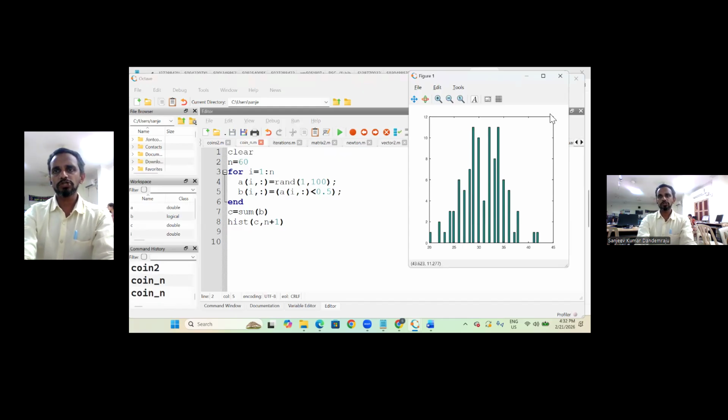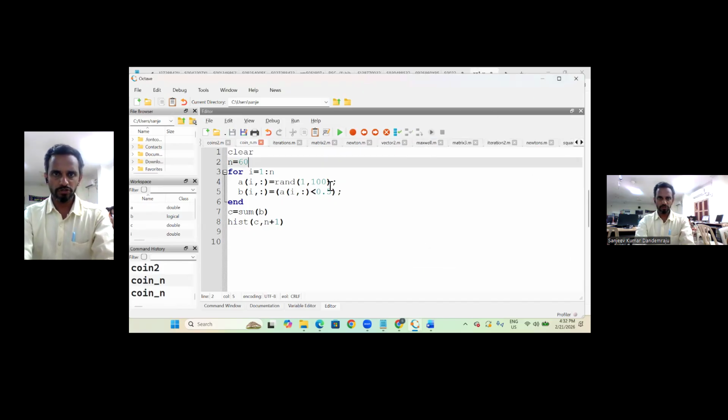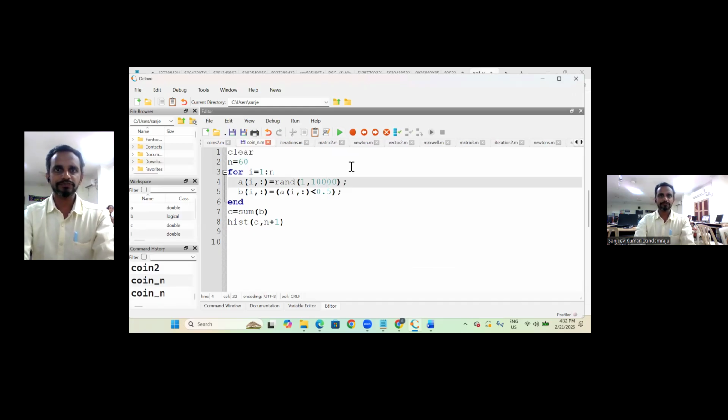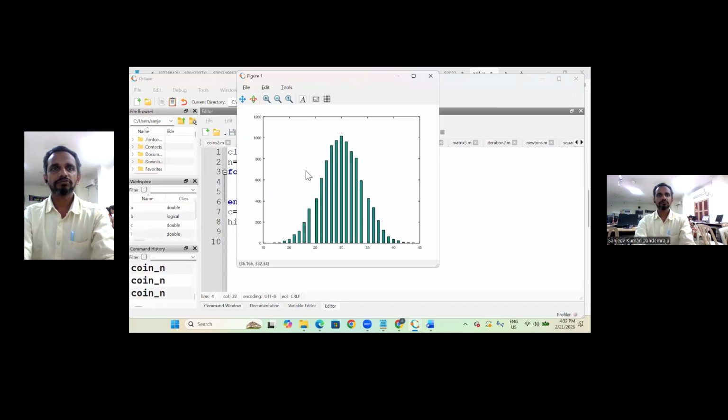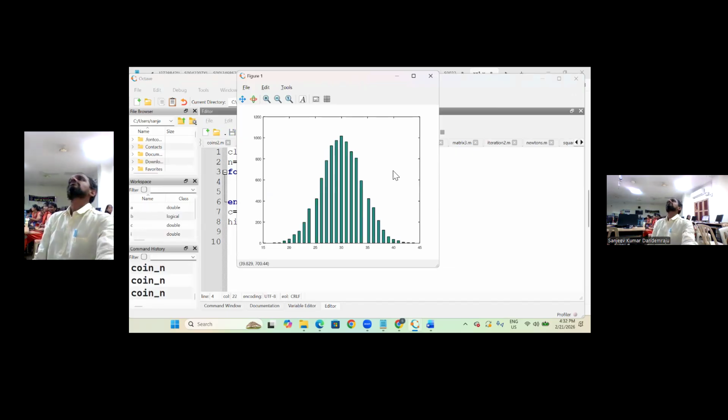This is how it looks. I have to increase the number of outcomes to 1000, let's say. So this is how you get a Gaussian distribution. That's called a Gaussian distribution.